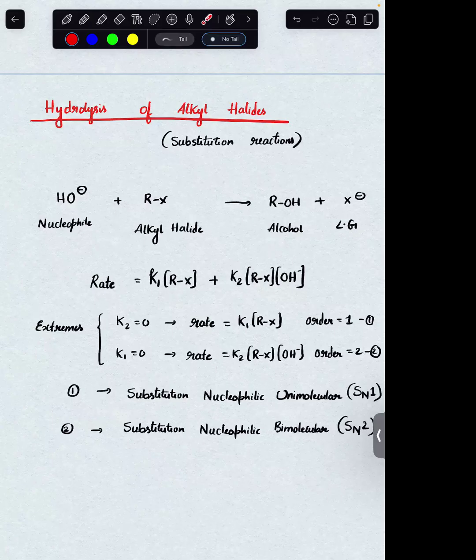Or if I make K2 as 0, I can write the rate as K1 into the concentration of RX, which conveys that the rate is a function of only one reactant, the alkyl halide, and not a function of the reagent.